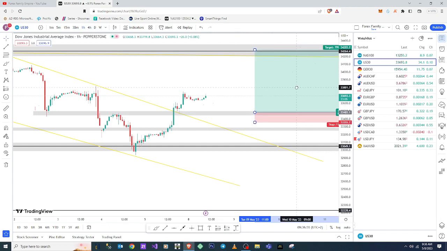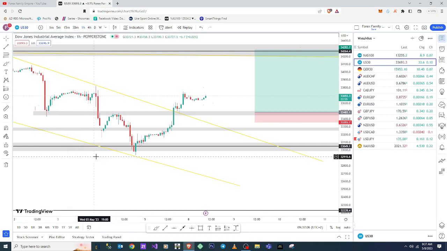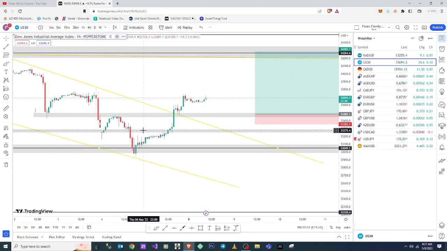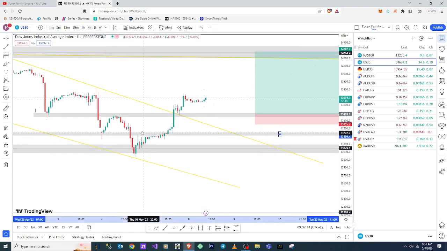Let's take it down. When you go to the lower time frame, you just make sure that you specify the zones correctly, because this is where we started to see our consolidation before the move to the downside. It started consolidating on this level as well. We need to make this one even go to the lower side a little bit, maybe here.